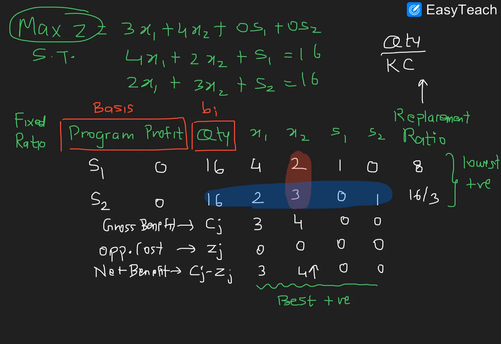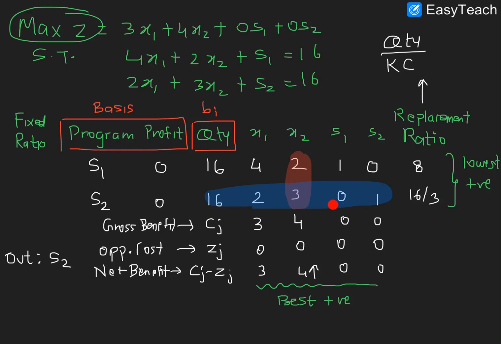Well, in that situation I need to write over here that the outgoing variable is going to be S2, that is my laborers. My labor hours are fully consumed.